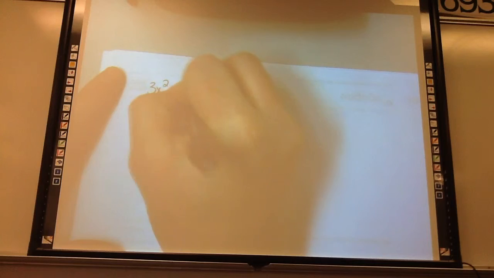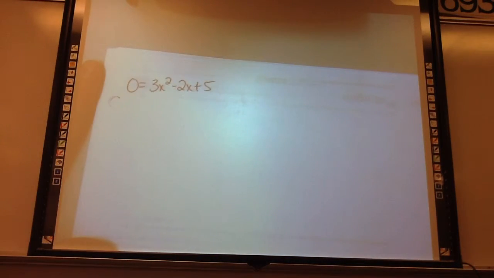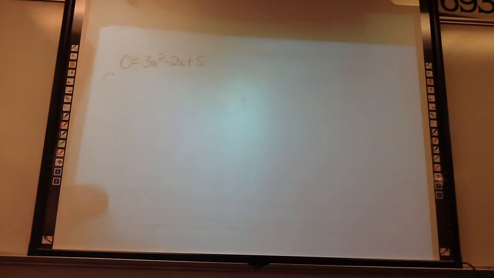So where we're going to use that is if I said, find the roots or the zeros of 3x squared minus 2x plus 5. If you had to find the zeros of that or the roots, what would you do? You'd factor it. I'll save you some time. It's not factorable. So then you would do quadratic formula, right?